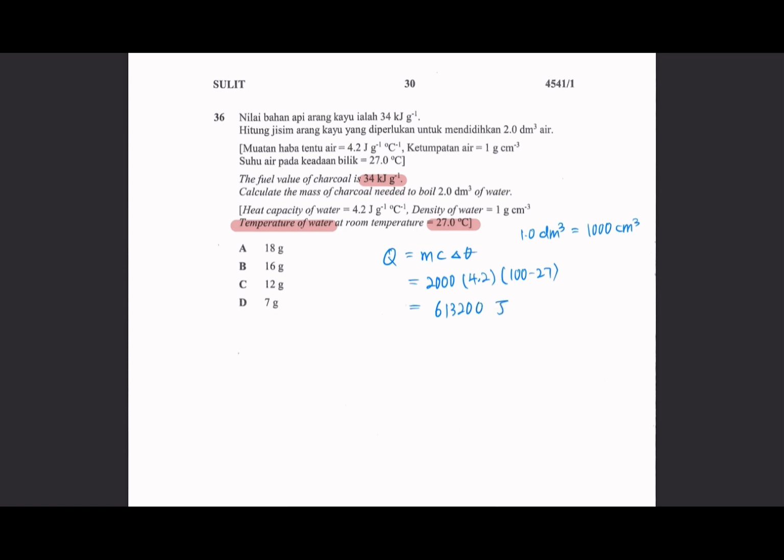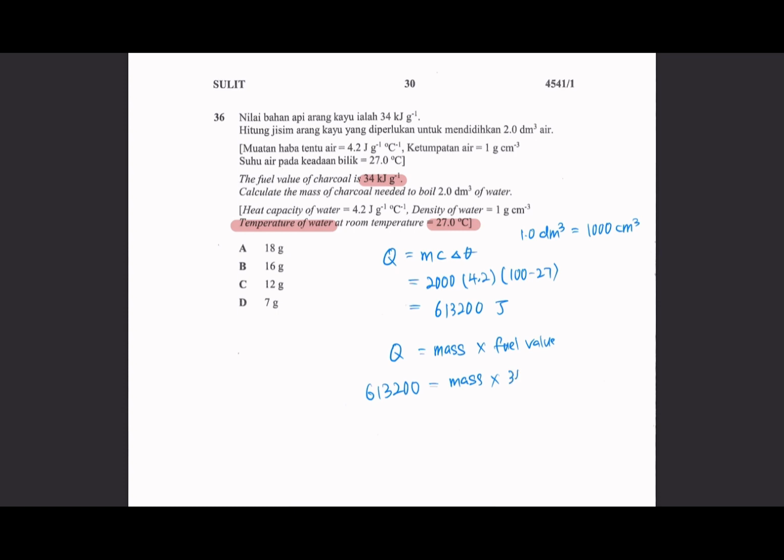This is the heat needed to boil the water. Now we calculate the mass of the charcoal. The heat given will be equal to the mass multiplied by the fuel value. The mass we don't know, and the fuel value is 34 kilojoule per gram.